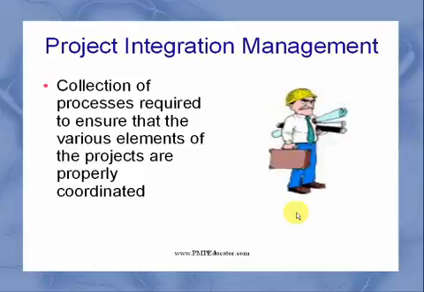Project integration management is a collection of processes required to ensure that the various elements of the projects are properly coordinated. So basically, integration is the coordination of different processes in the project lifecycle to accomplish the work.